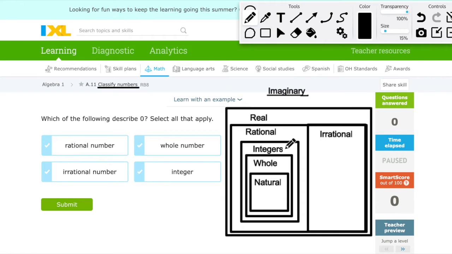Now that we have a little bit of a description, we can go through these and try to answer those. So which of the following describes 0? Select all that apply. So let's start with the smallest category and work up. 0 did not fall under the natural category or the natural type of number.